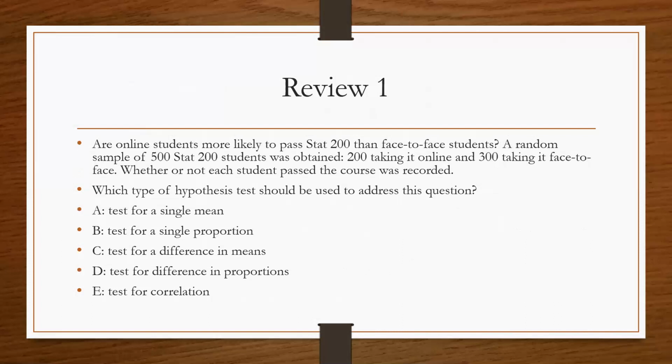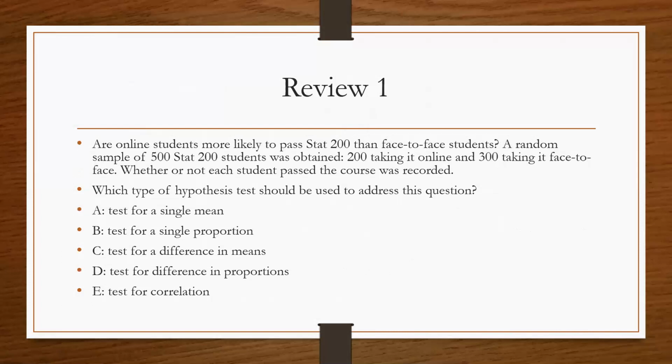But just remember the value of 0.05, because that is the most common occurrence of alpha. On a test, I'd say 9 times out of 10 it's going to be 0.05.